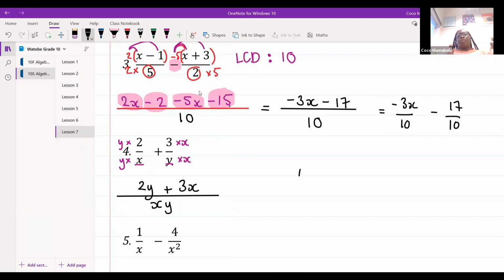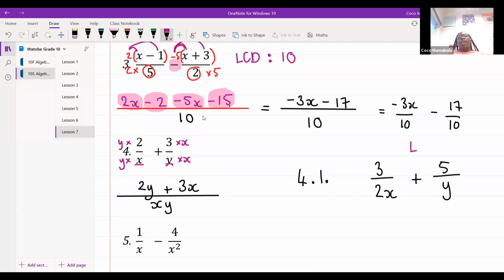All right, we're going to call this one 4.1. I'm going to say, guys, 3 over 2x plus 5 over y. Okay, what is my LCD? What is my LCD, guys?